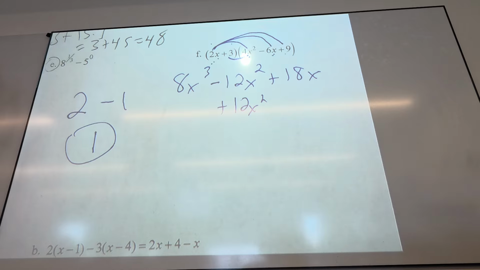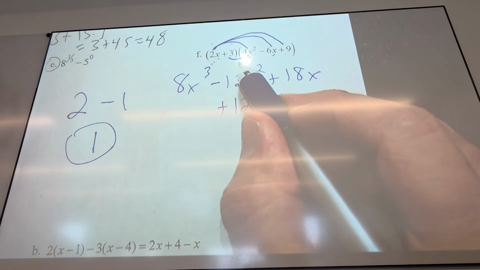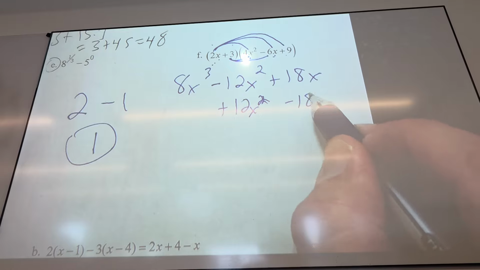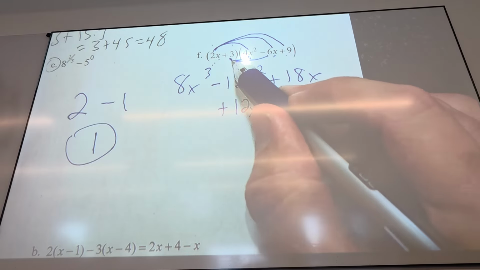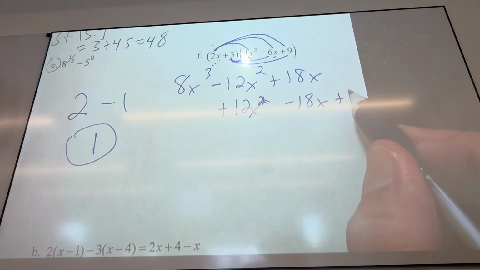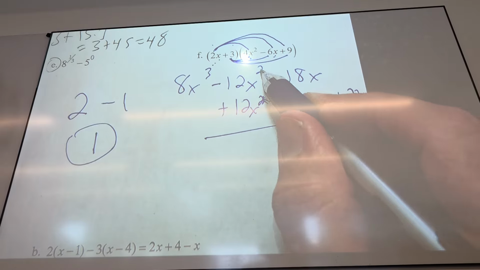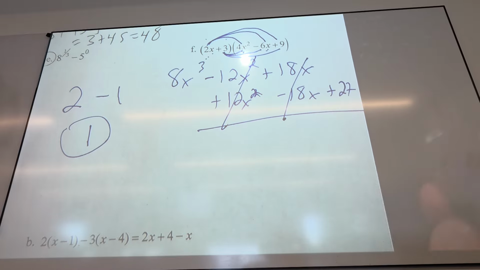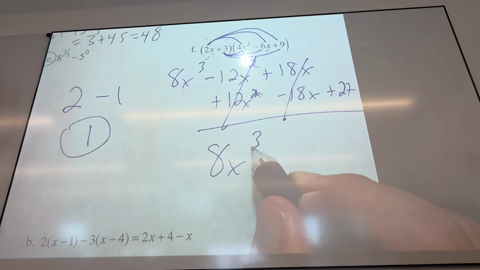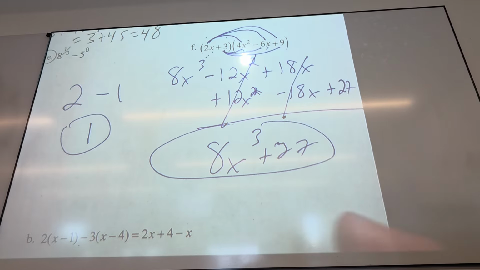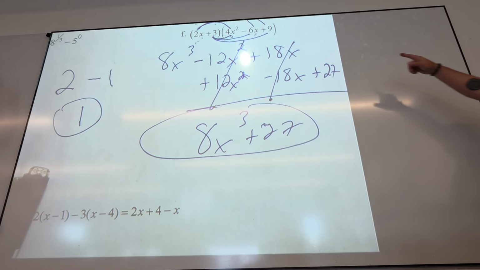I just line up my like terms, just to be nice to myself. 3 times negative 6x is negative 18x. And then 3 times 9, 27. What happens here? Cancel. Die. Now, normally, if I just made stuff up out of nowhere, that would not happen. Obviously, I was very careful with the numbers I picked.